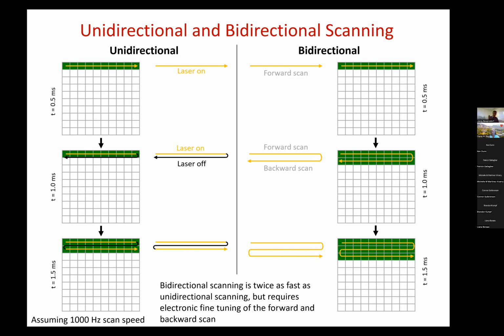Because of this electronic fine-tuning that's required, and keep in mind that these lines need to be perfectly aligned with each other so that you don't get weird stripe artifacts, this is not necessarily the default mode the microscopes operate in. But the newest microscopes, from my experience, work really reliably in this bidirectional scan mode, and it's something which you definitely should explore if you're impatient or you don't have that much time to acquire images.